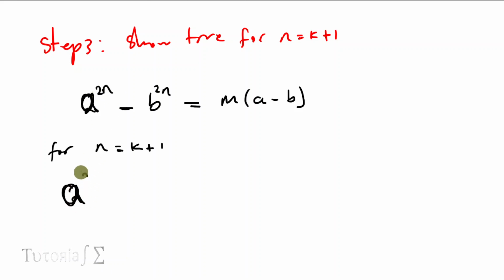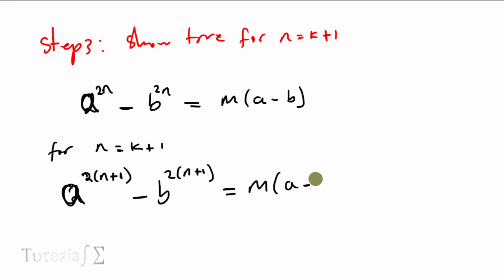Where there is n, we replace with n plus 1. So this would be a to the power 2(n plus 1) minus b to the power 2(n plus 1) should be equal to some m(a minus b). Okay, so some m. Since we've increased the number, this will be a different value here.